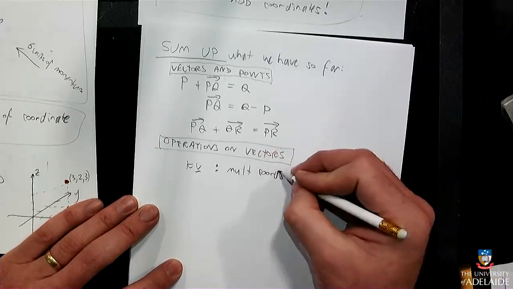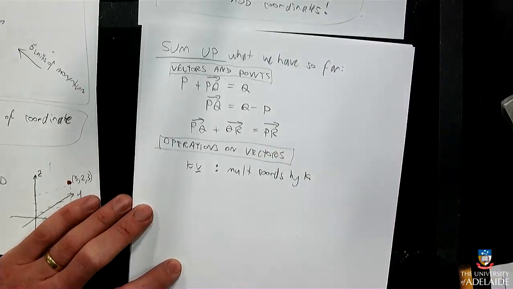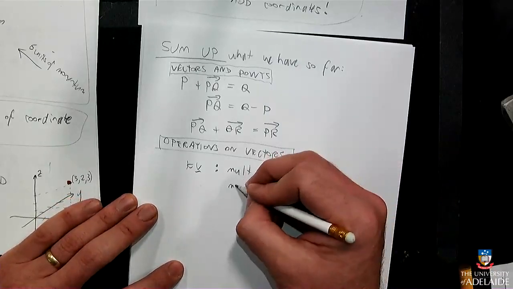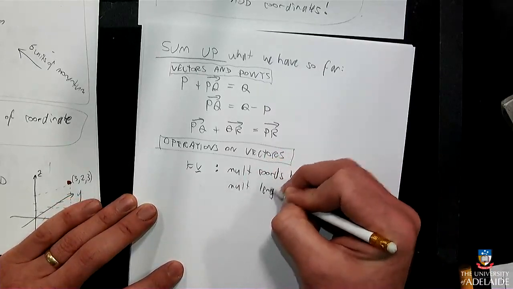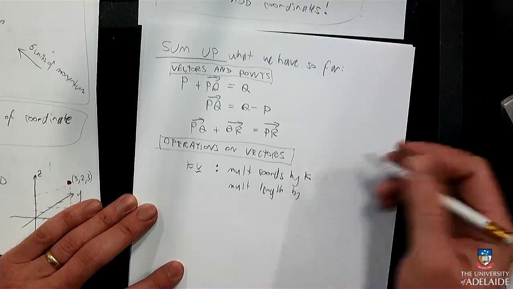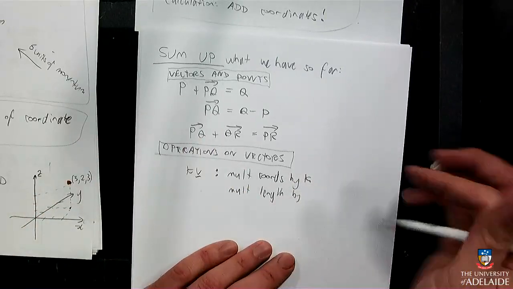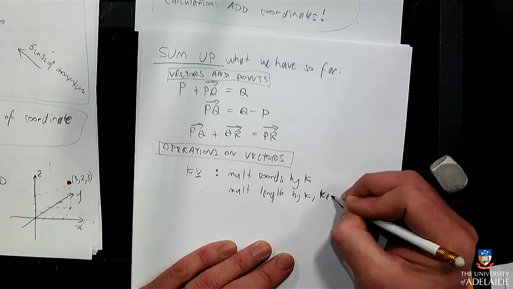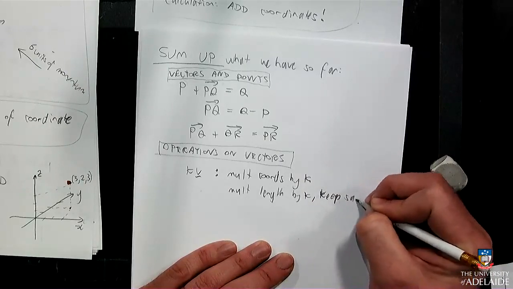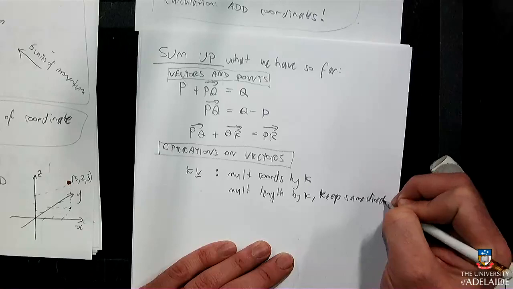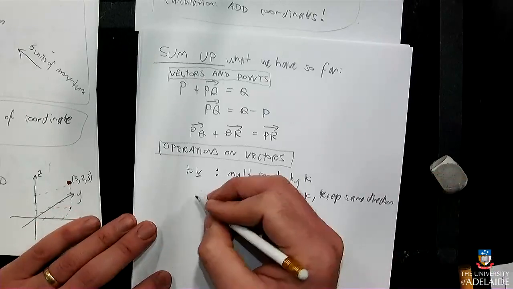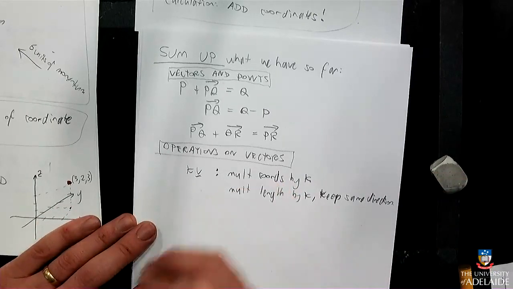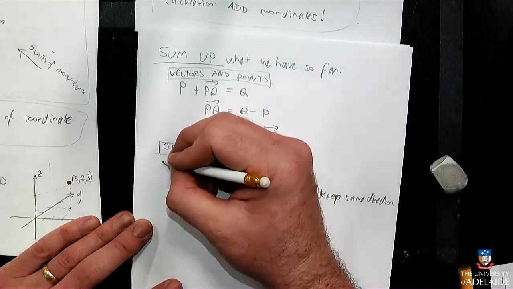And what that did is it multiplied the length by k, but kept the direction. Okay. That was scalar multiplication, wasn't it?